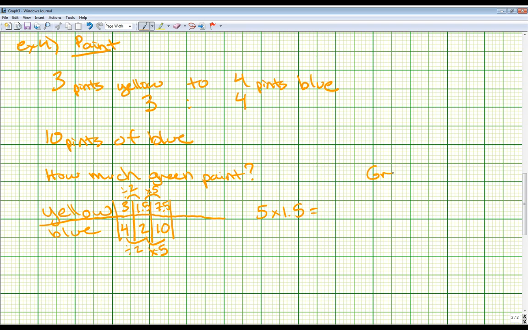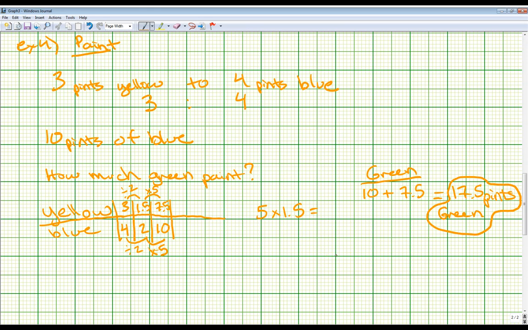So to get my green color, I have to figure out how many total together this would make. So I have to add my 10 pints of blue plus my 7.5 pints of yellow, and I end up getting 17.5 pints total of paint, and that's going to create green paint. So my final answer would be 17.5 pints of green paint.